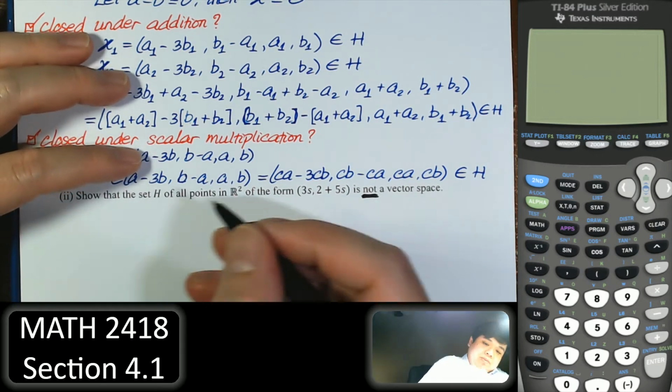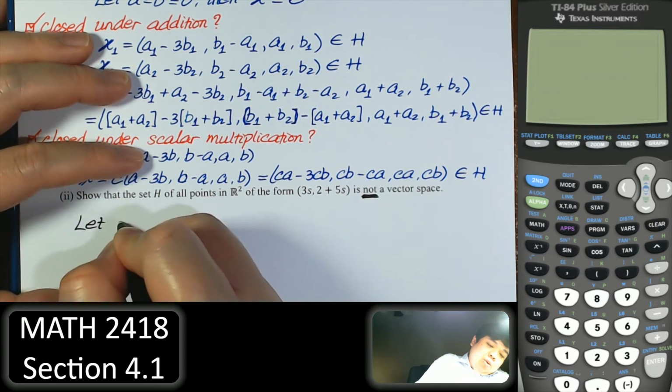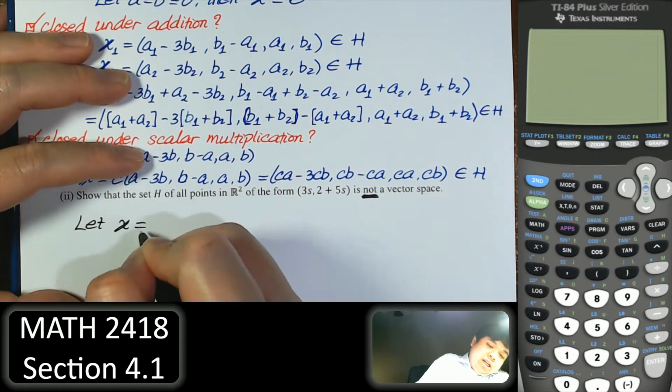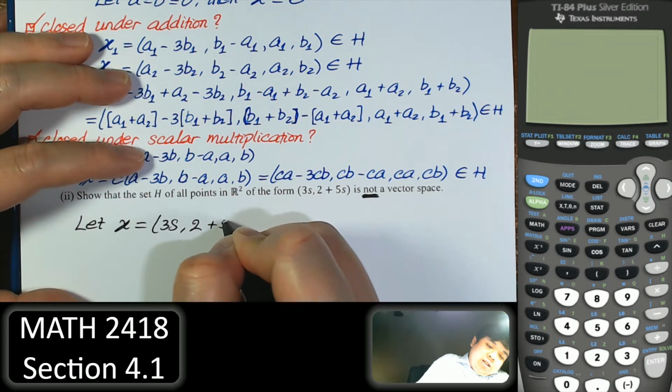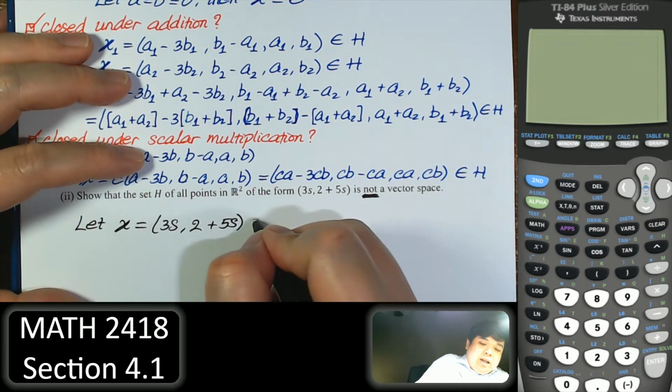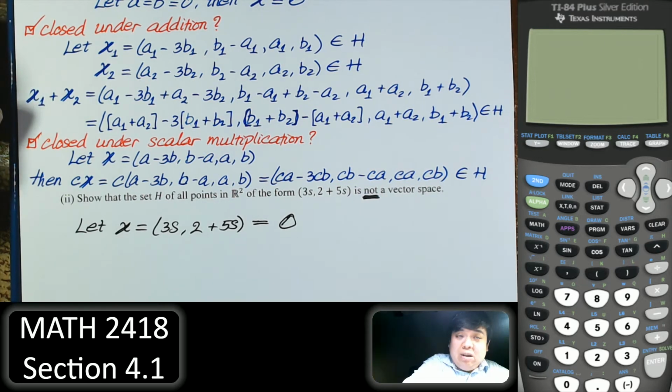So we say let the point x be 3s and 2 plus 5s. Let that be a 0 vector. Can it be a 0 vector?